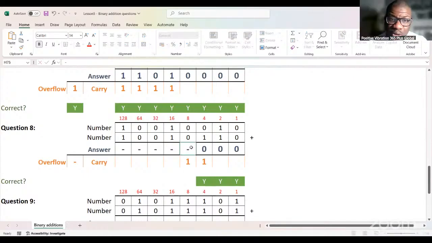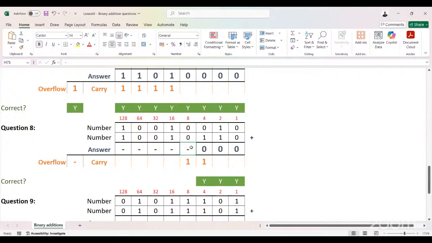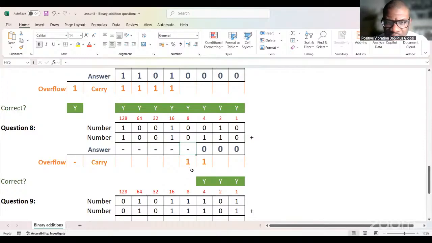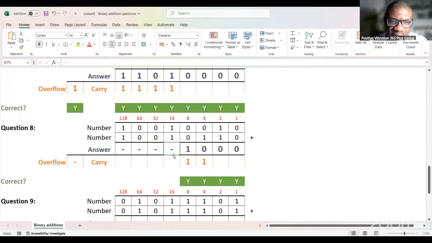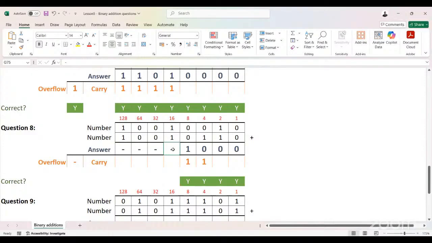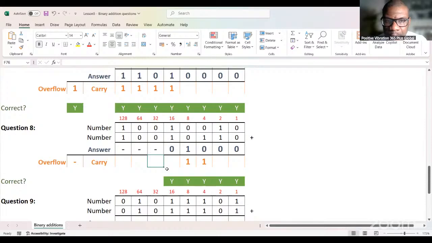Fabulous. Doing well. What about this one? 0. What do we do? So we have a 1 plus 0 plus 0 gives us? 1. Nice. What about this one? We got 2 here. 1, 0. So we put down? 0. Carry? 1.